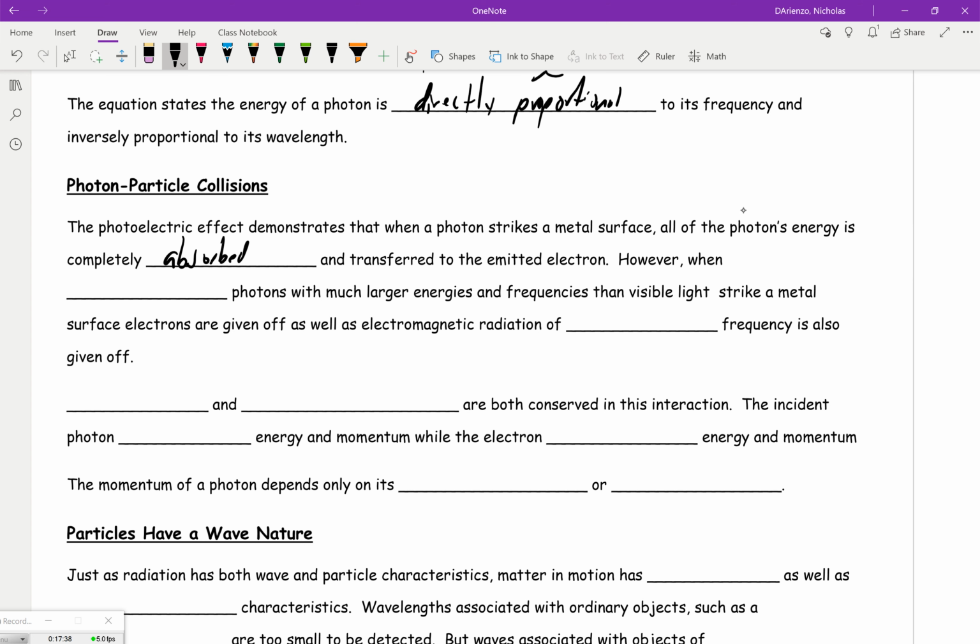However, when a higher energy photon, like an X-ray photon with larger energies and larger frequencies than visible light, strikes a metal surface, electrons are given off, as well as electromagnetic radiation of lower frequency. We could see this being given off as different colored photons of visible light, which we saw during chemistry when we looked at the gas discharge tubes of different materials as they were being energized.